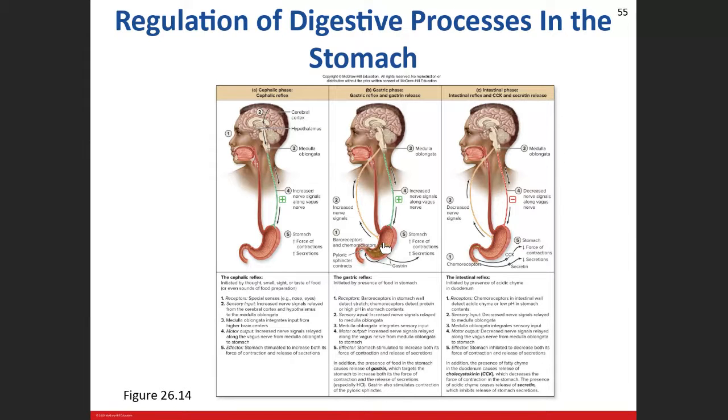The stretch on the wall sends nerve signals to the digestive center in the medulla oblongata in the brainstem, which will then trigger the vagus nerve to stimulate the cells in the stomach to increase more secretions and to increase the contractions of those muscles so we can start to mix all this up.